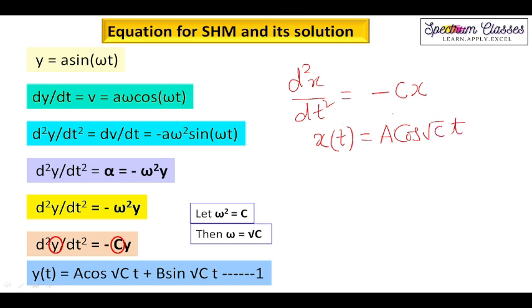With respect to t we are differentiating this, so the coefficient is taken along, plus b sine under root c into t.